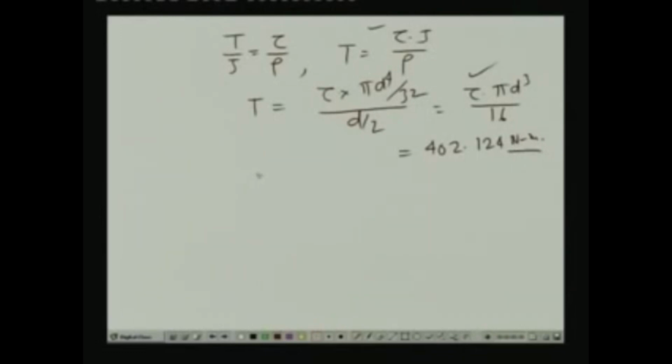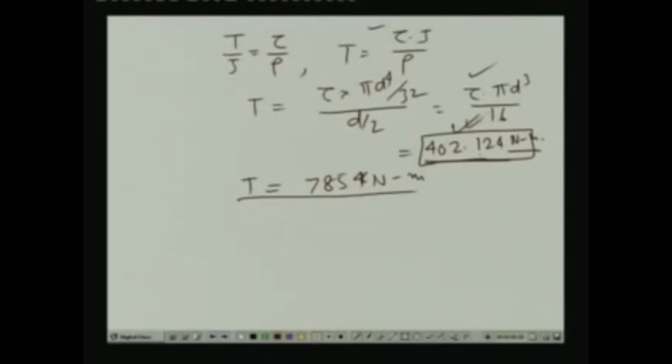And for the second case, when you have diameter as 50, then T comes as 785.4 Newton meter. So obviously you will have to apply this much twisting moment so that it can resist both. So this is the value of the twisting moment.